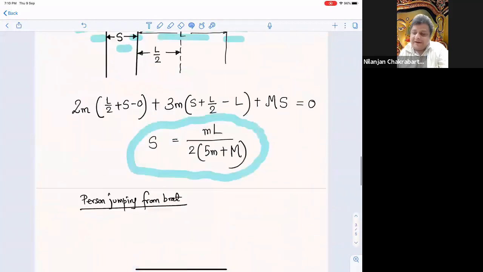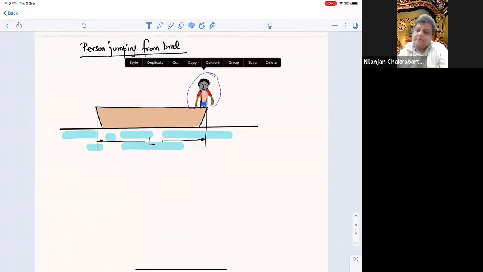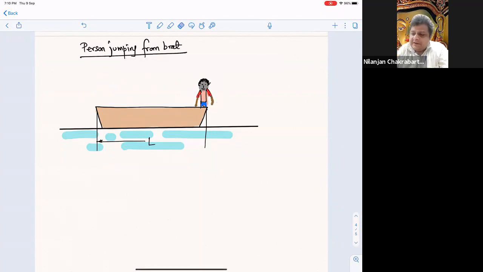You have to draw it again. This length and all those things are actually not required for this problem.